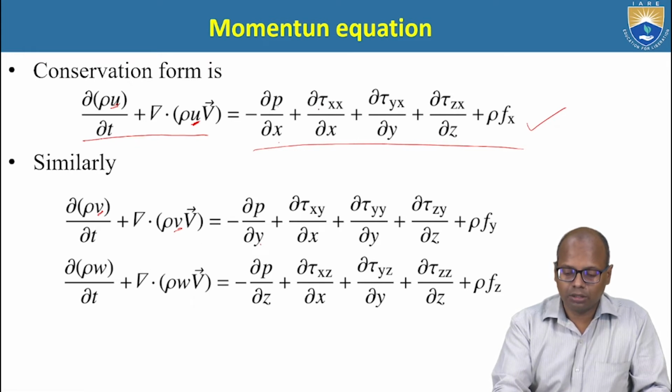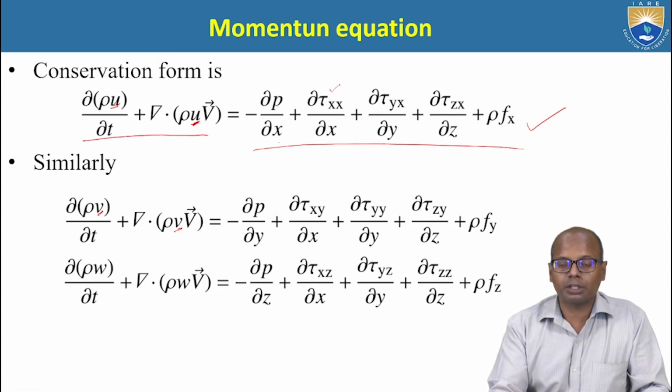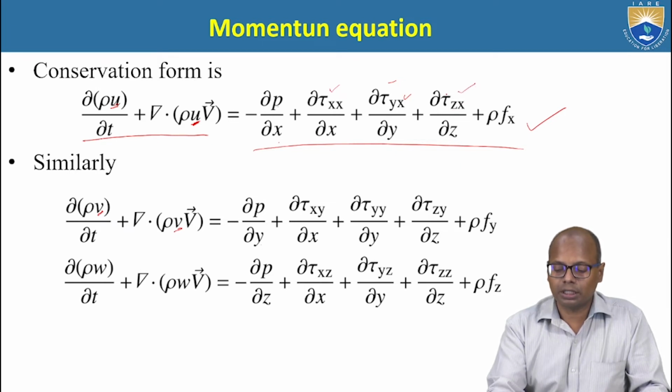Now here ∂/∂x of τxx, the stress in x direction and changing in x direction, is a normal stress. The τ in x direction but changing in y direction is a shear stress. Tau in x direction but changing in z direction is also a shear stress, so I differentiated with z. It is changing in y direction, so I have differentiated with y.